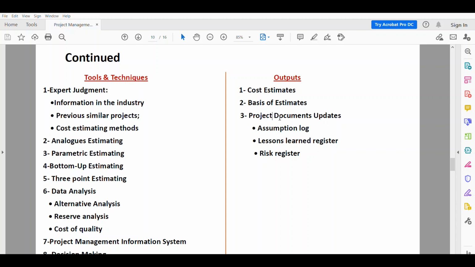So when you estimate the cost, you estimate the cost for the project plus contingency for identified risk, which we know, and also there's additional management reserve to cover unplanned work.